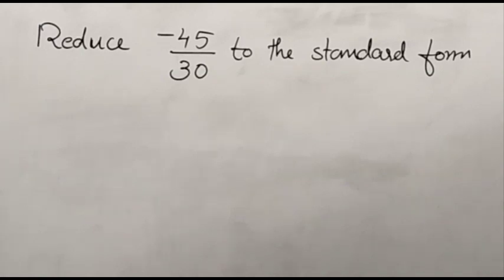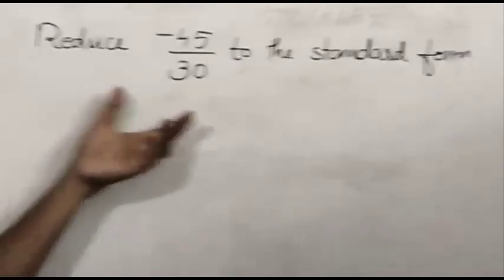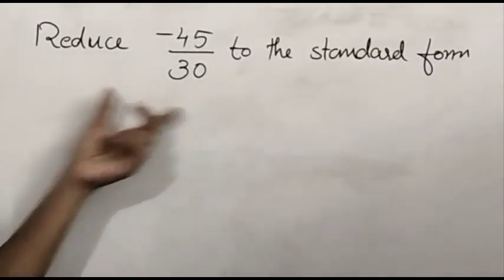Reduce minus 45 by 30 to the standard form. To reduce the rational number to its standard form, we divide its numerator and denominator by their HCF, ignoring the negative sign if any. That means here we want to find out the HCF of 45 and 30.